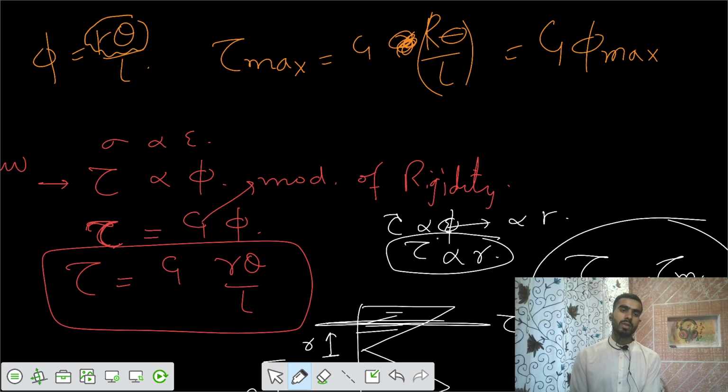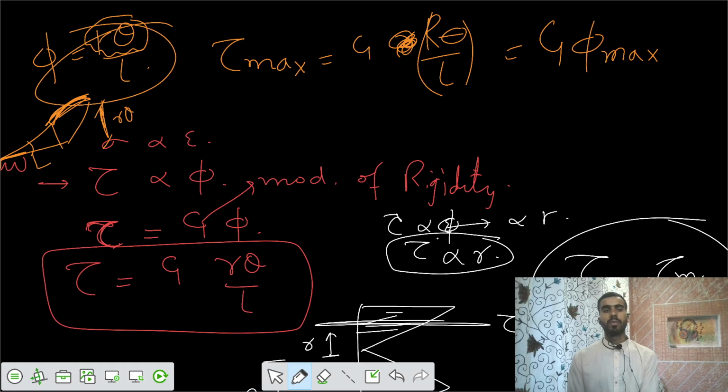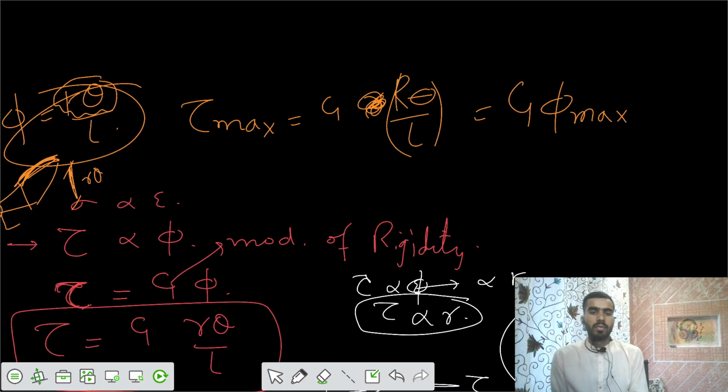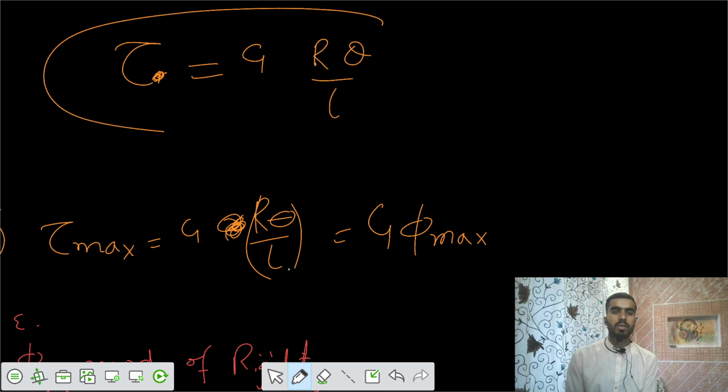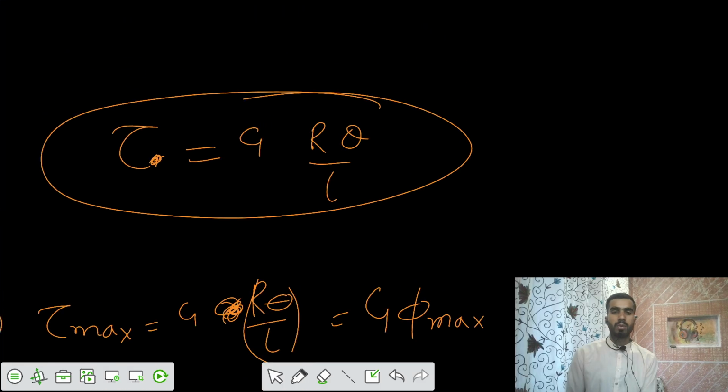This one is the arc length r theta, and you have the length l. So we have a triangle, where this is your r theta and this is your length l, and we got the value of r theta by l. So the final value: tau max equals tau at any radius r, which equals G times r theta by l. So we got one part of the formula.